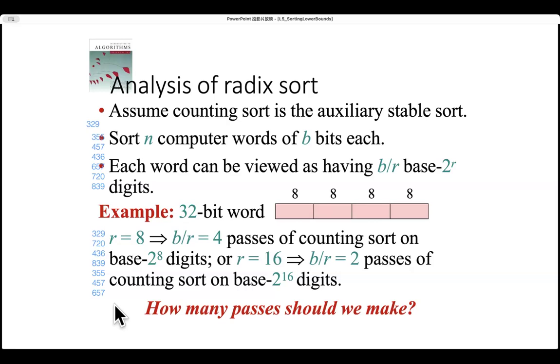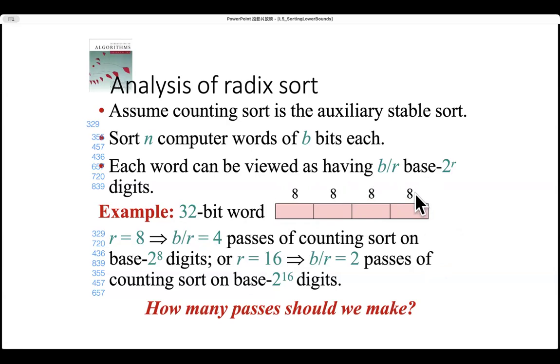For 32 bits, you can do 1 bit at a time for 32 rounds.